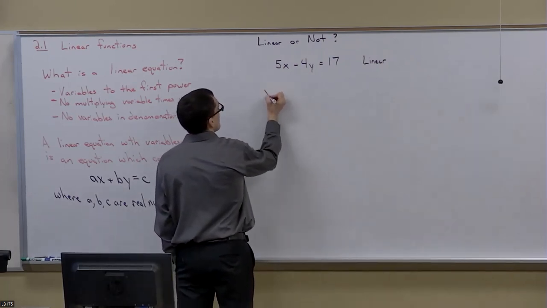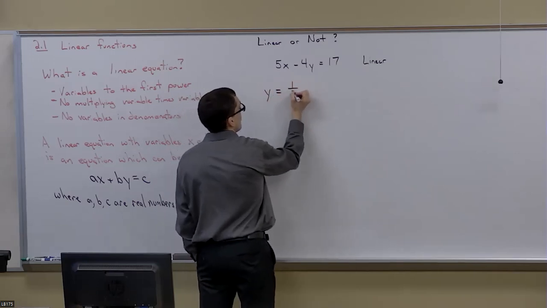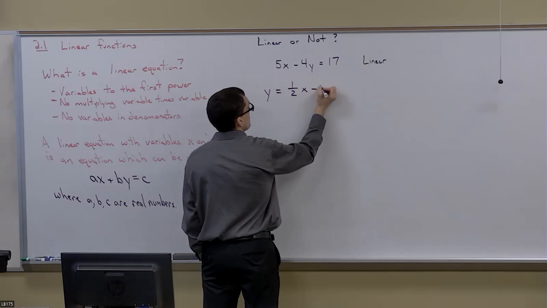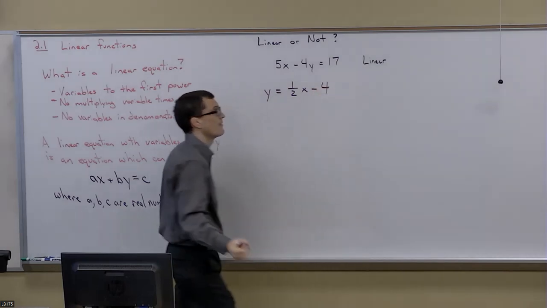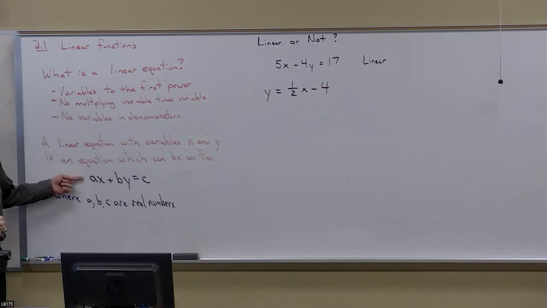But also, if an equation looks like y equals 1/2 x minus 4, well, it's not in that form right now, but it can be easily rewritten into that form, by subtracting 1/2 x from both sides, and then you get the x term over here.